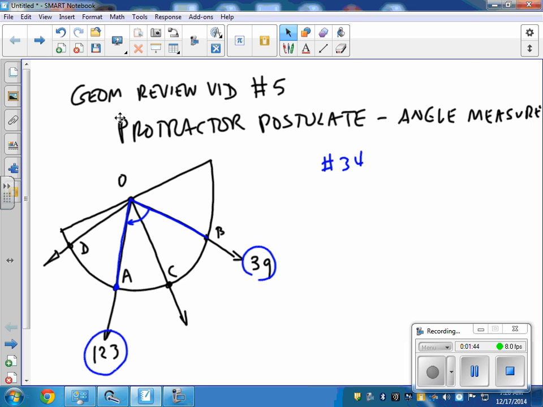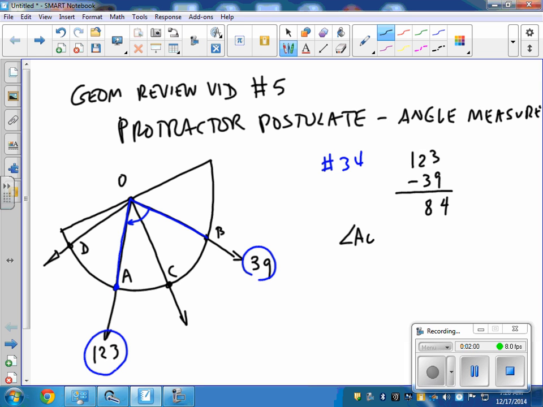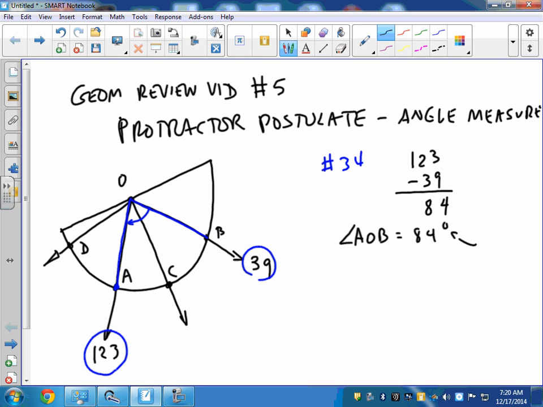So a difference, we have to subtract 123 and 39. Okay, so hopefully we can do that. There's 4 and 8, 84 degrees. Okay, so number 34 will say angle AOB is 84 degrees. And get in the habit of putting the little degree symbol there whenever you measure angles.